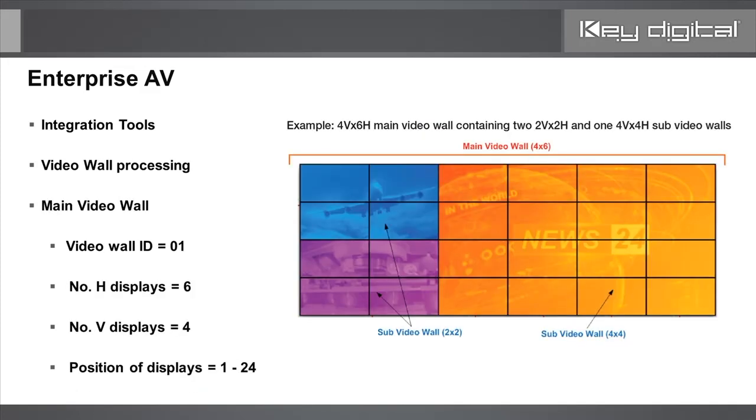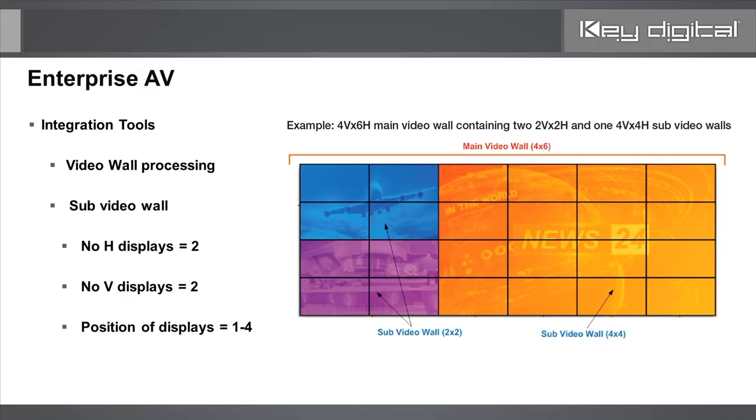So we look here at this example. If this is our one video wall in the system, this is ID 1. There's 6 horizontal displays, 4 vertical displays, and each display would just have an ID assignment 1 through 24.